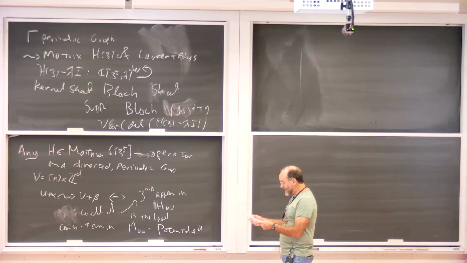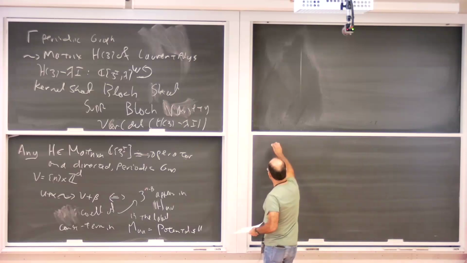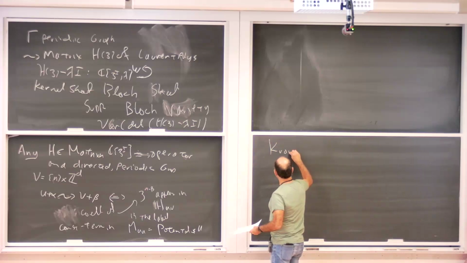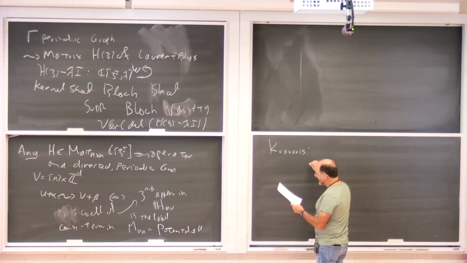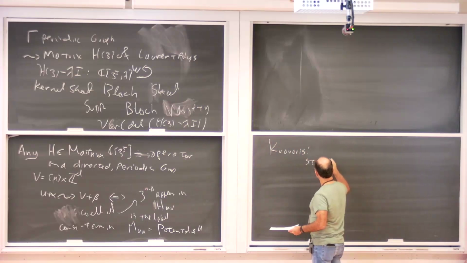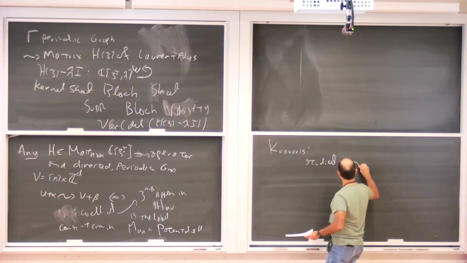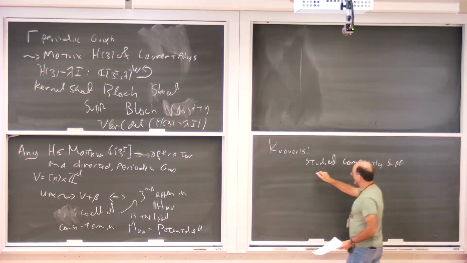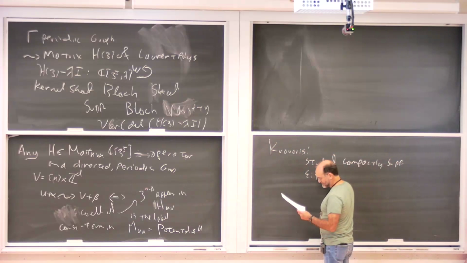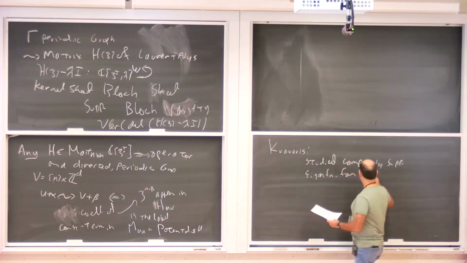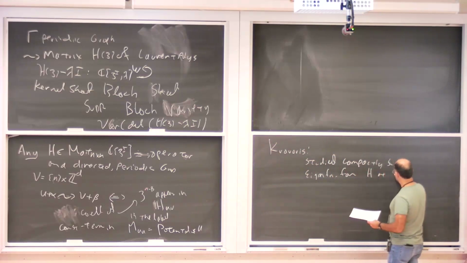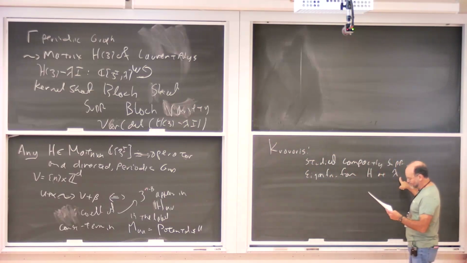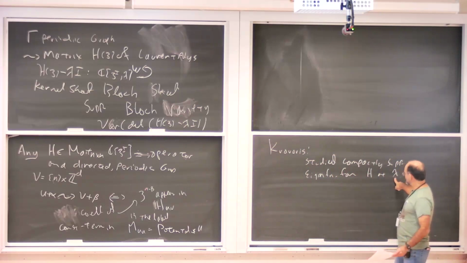So now an example of this is, so in our reading, which everybody in our group read, there's a paper by Kravaris, and what he did is he studied compactly supported eigenfunctions for H at a given energy lambda, and these are special.